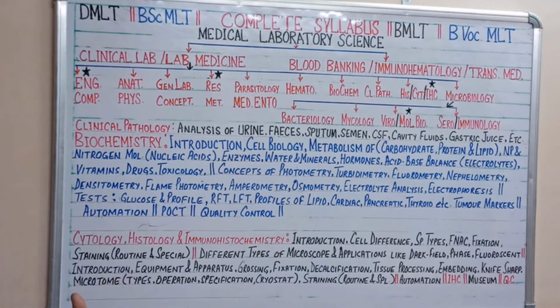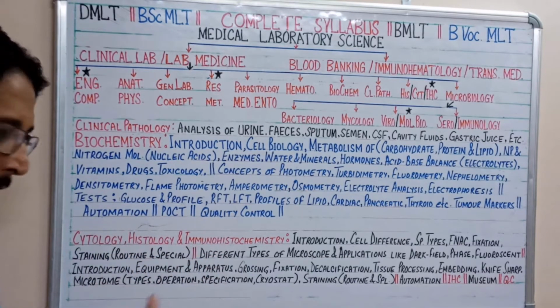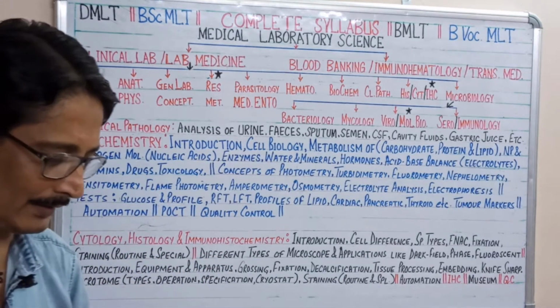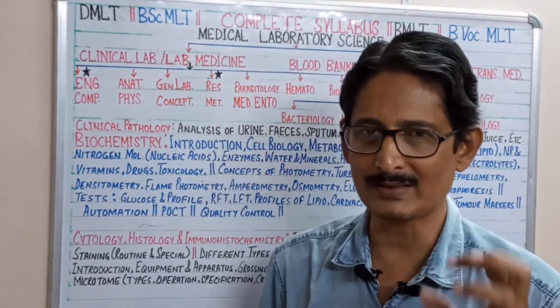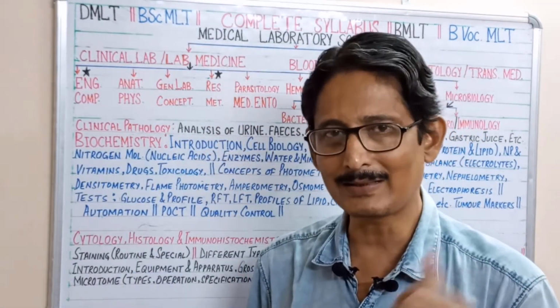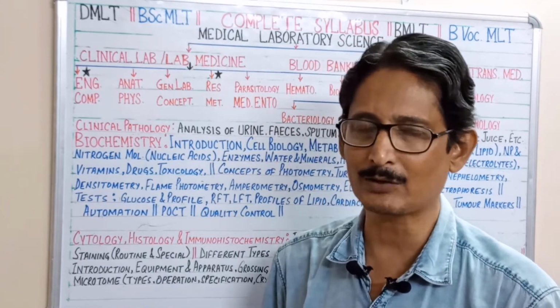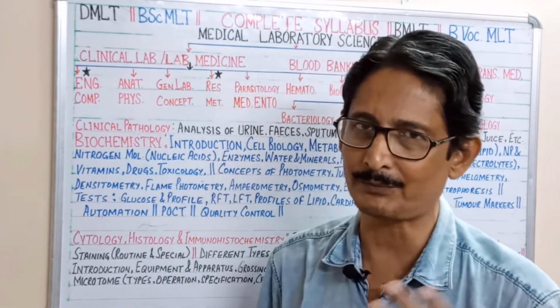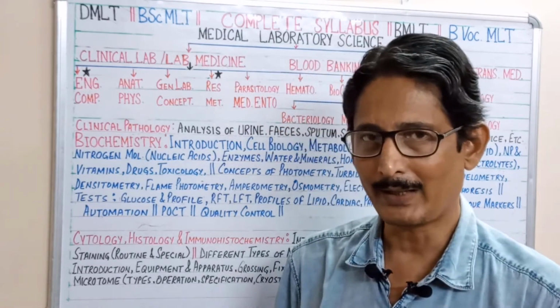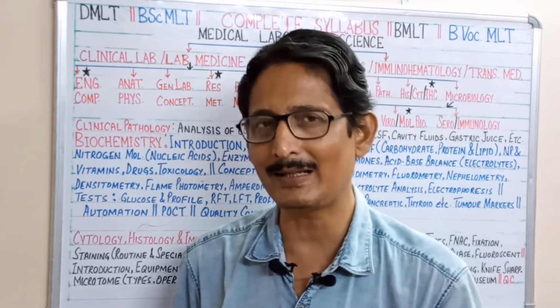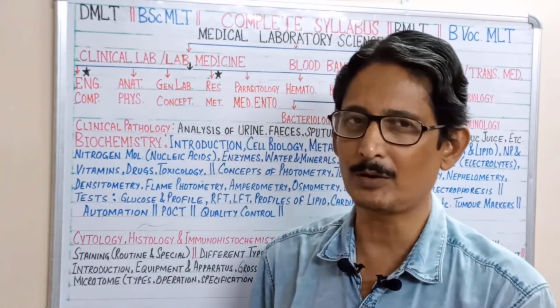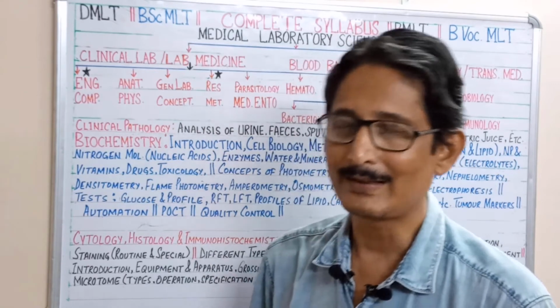Among the tests, you have to learn about glucose and its profile, because in earlier days, for a diabetic patient, glucose was the last marker. But nowadays, apart from glucose, there are several markers of diabetes. And by 2050, in India 50% of people will be affected by diabetes.